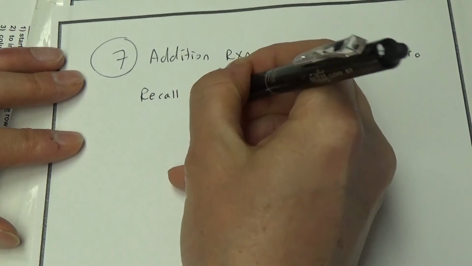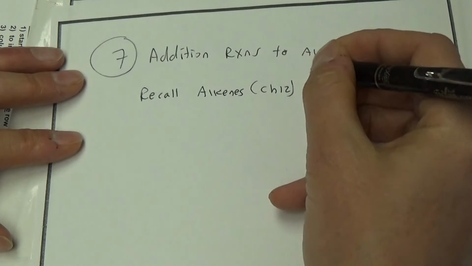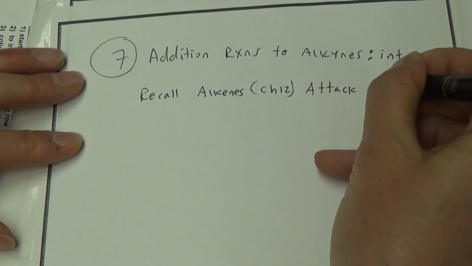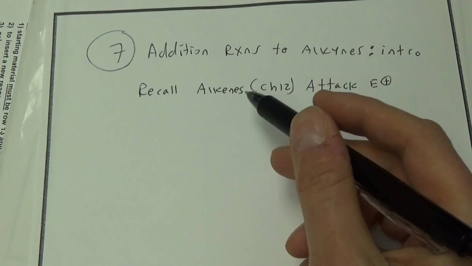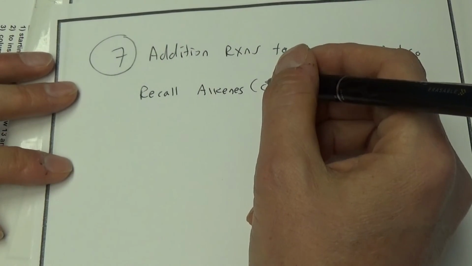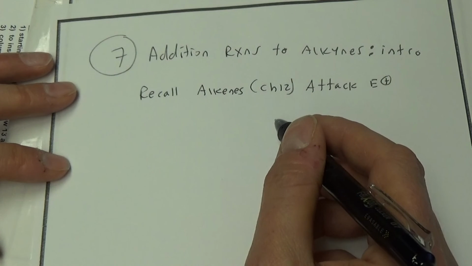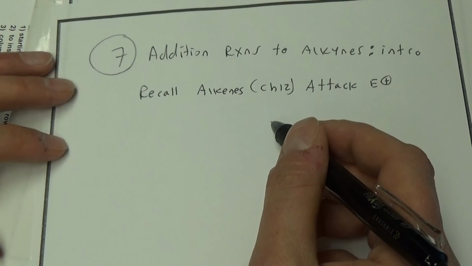Recall that alkenes, which was chapter 12 in the book, attack electrophiles. So a lot of the end of Organic 1 was how alkenes attack electrophiles, right? We're going to review some of these reactions quickly, and I'm not going to go through the mechanisms very intensely.